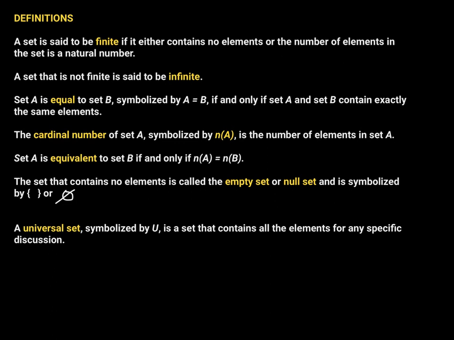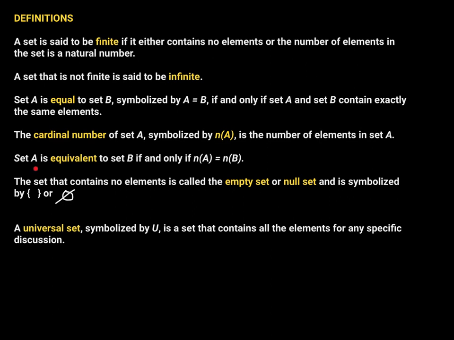Okay, set A is equivalent to set B. Now, equivalence does not necessarily mean equal, okay? Equivalent means same value. That's the definition for that word. But in set theory, set A is equivalent to set B if and only if they have the same cardinal number. In other words, set A and set B are equivalent if they have the same number of elements.